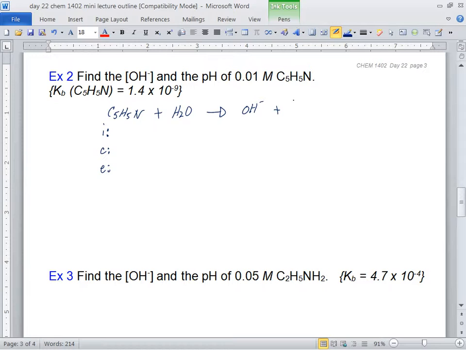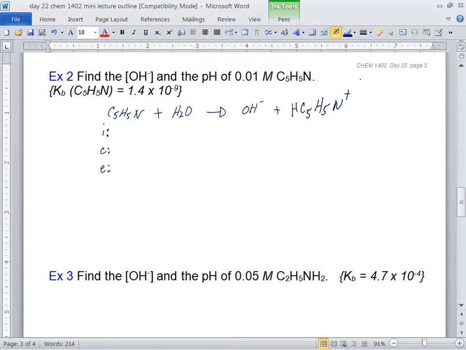And so you could write C5H6N plus, which is probably how folks would write it, but I kind of like putting the H out front because then I can recognize easier that it's a conjugate acid. But notice how it really doesn't matter if you get the formula right or not, because it's not going to influence the math.